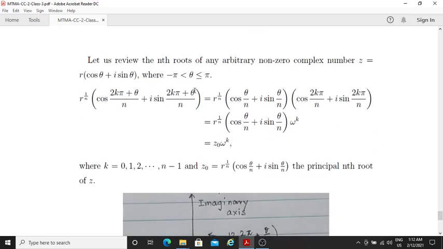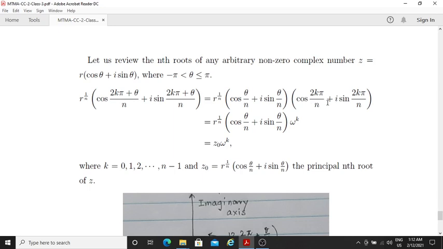Now, the most important thing. For any complex number z, you know the nth roots can be written in this fashion. So let us put it in this fashion: for any k, it is this into this.